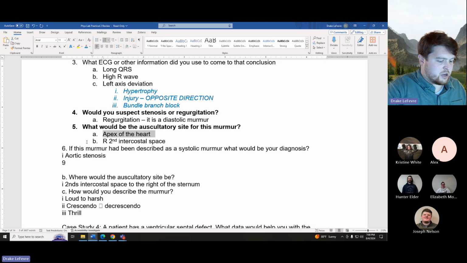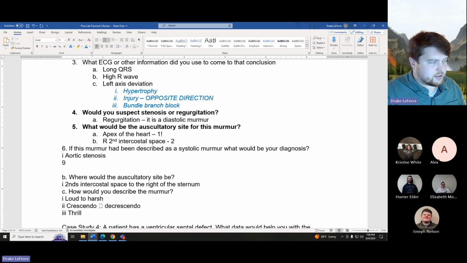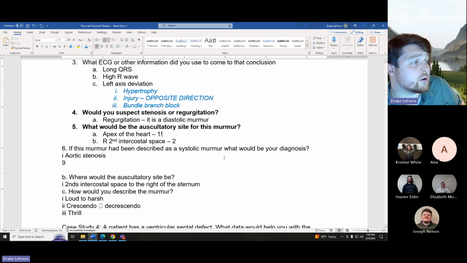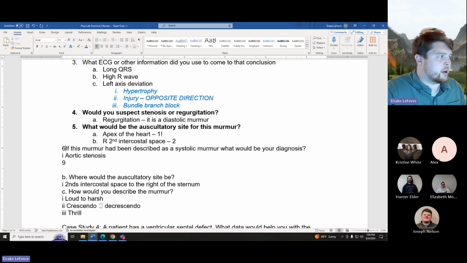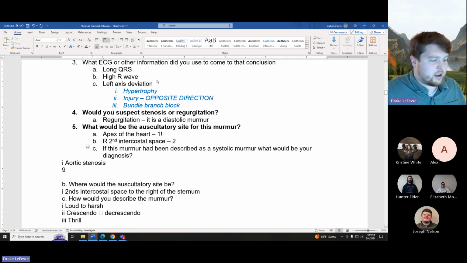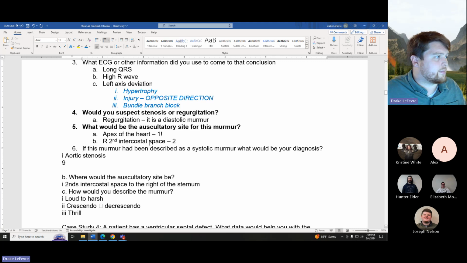So either this will be your number one answer if it's there, and this is your number two answer if apex of the heart is not there. Most of the time, your number one answer will be the one that they give. So if you don't see apex of the heart there and this is what you think it is, go back and double check your work to make sure that you're looking at the correct murmur and that you got every part up to that point correct.